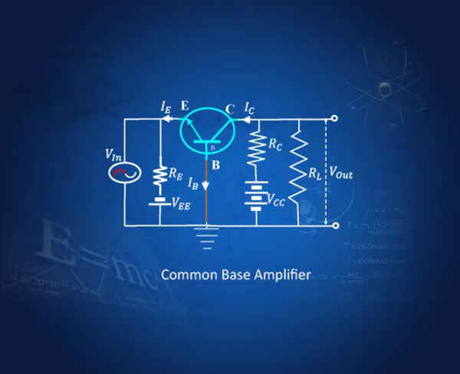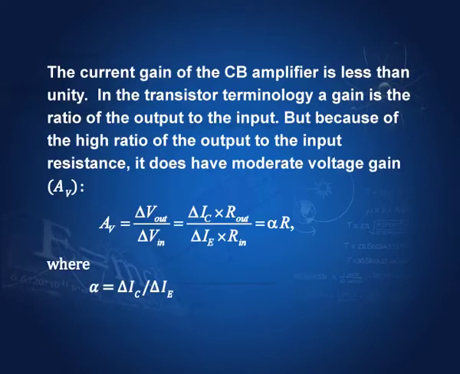So, by impedance matching we effect the most efficient power transfer, and that is the use of this common base amplifier. As I said, voltage gain AV is delta V out by delta V in, and this can be written as delta IC, that is output current, into the output resistance, and this is the input current to the input resistance, and this delta IC by delta IE is called alpha.